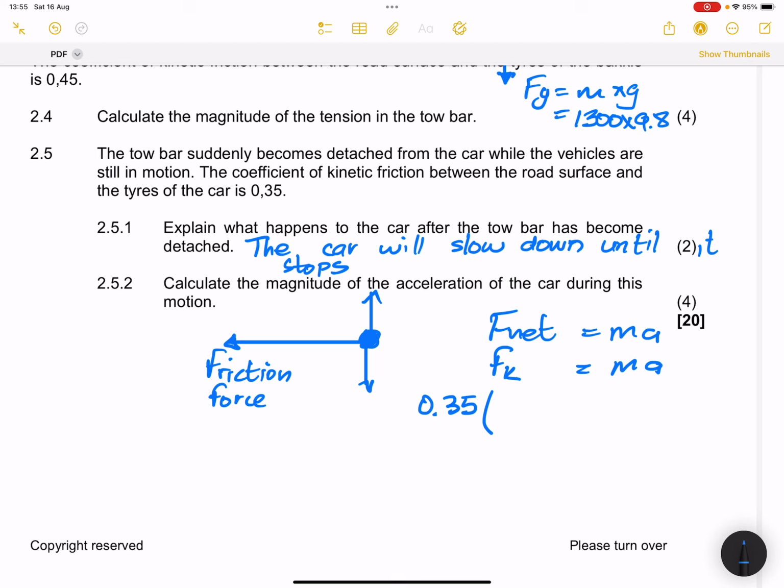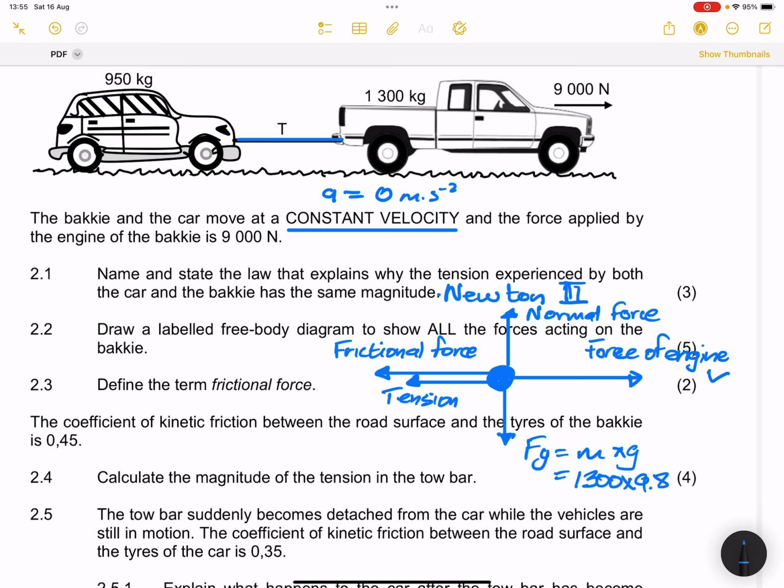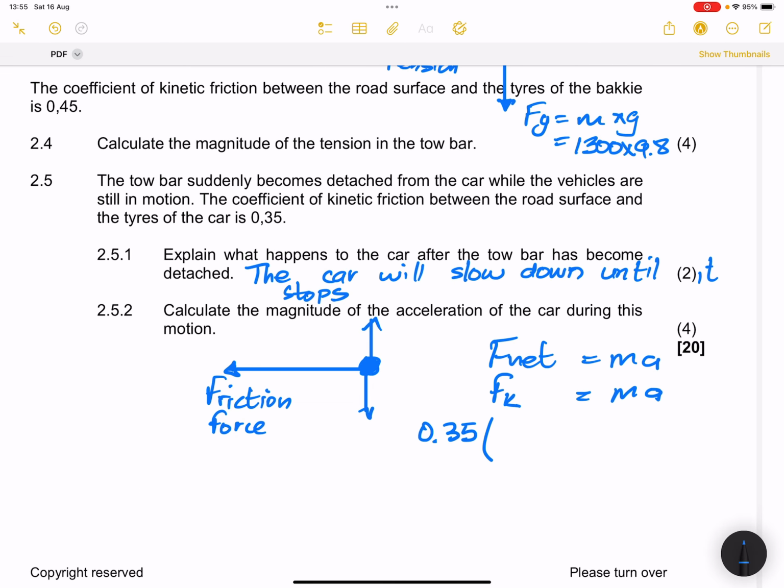Our normal force would be the mass of the car, 950, times 9.8, and this is equal to, now please note, almost forgot this, I considered the motion of the car to be positive, which means in this case that the frictional force would be negative, because it's opposing the motion, and this is equal to 950 times the acceleration.